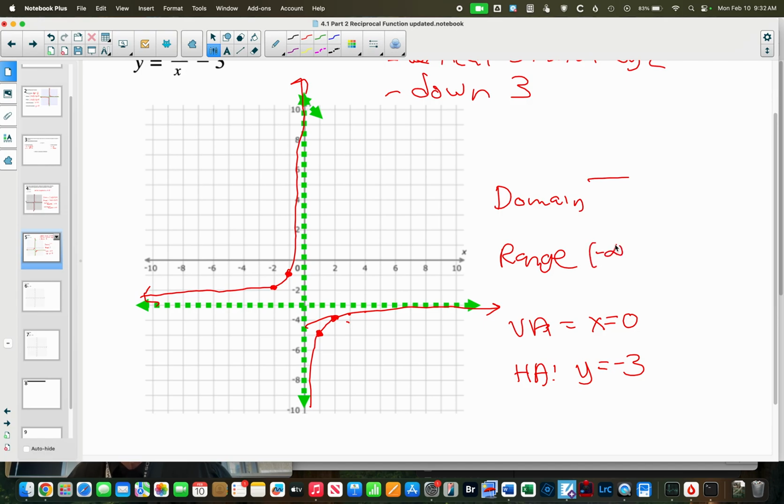So we're going to go -infinity to -3, union -3 to infinity. The domain is going to be the same as the previous ones we did. I want to erase that. I want -infinity to 0, union 0 to infinity.